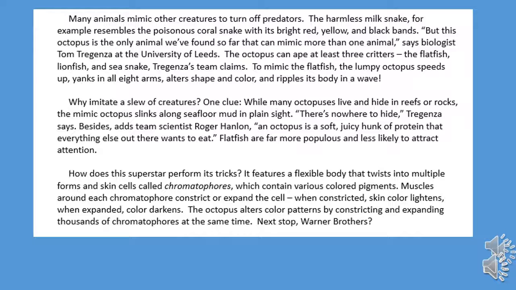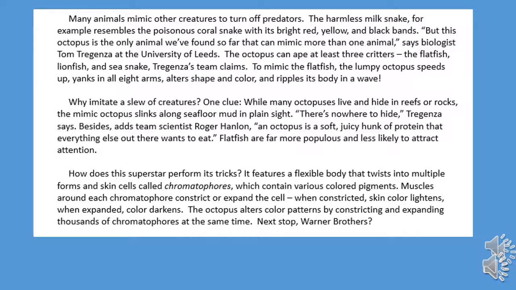The harmless milk snake, for example, resembles the poisonous coral snake with its bright red, yellow, and black bands. But this octopus is the only animal we've found so far that can mimic more than one animal, says biologist Tom Tregenza at the University of Leeds.